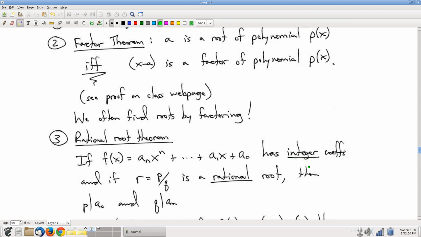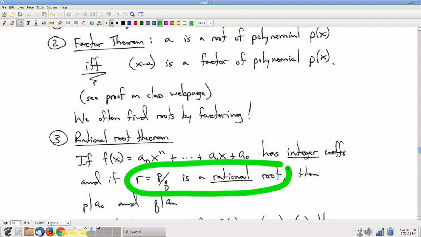Secondly, if this polynomial has integer coefficients, suppose that you have a rational root. Now, that's another if. We're not saying that this polynomial has a rational root.